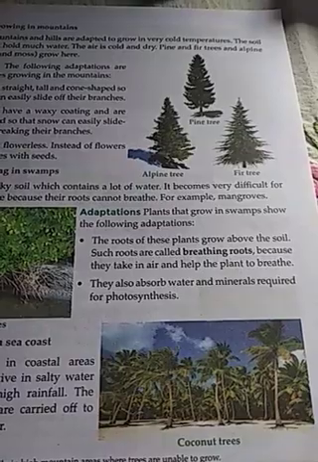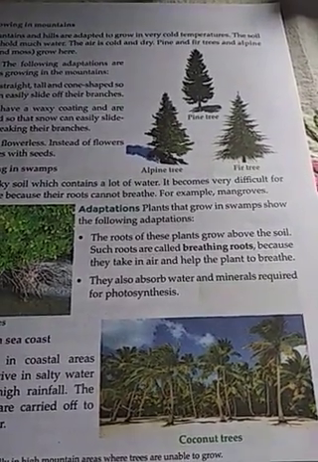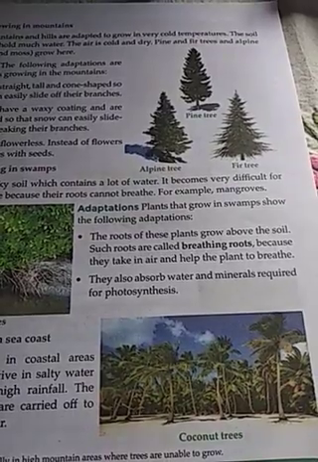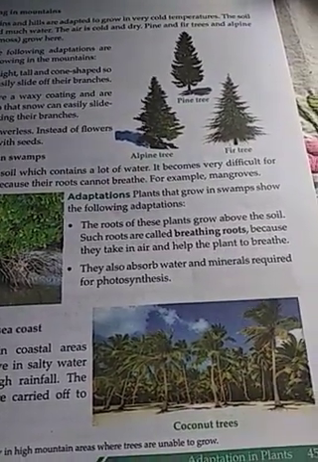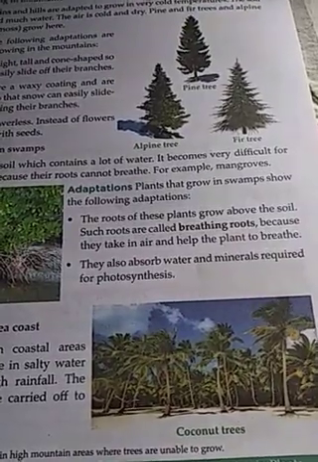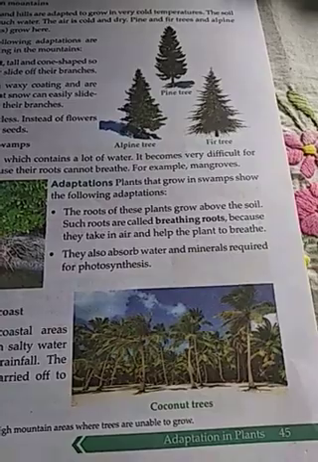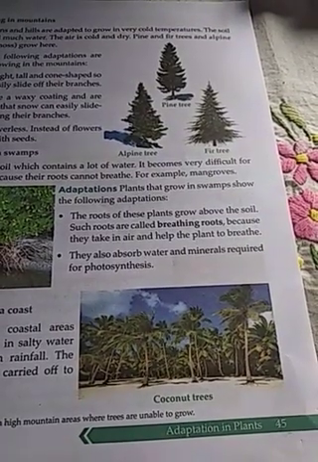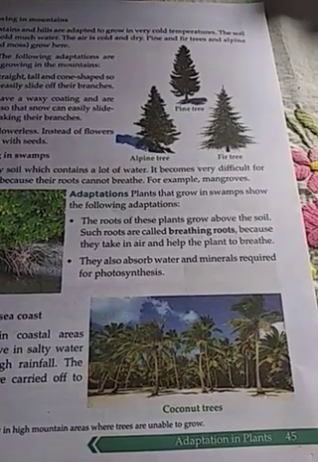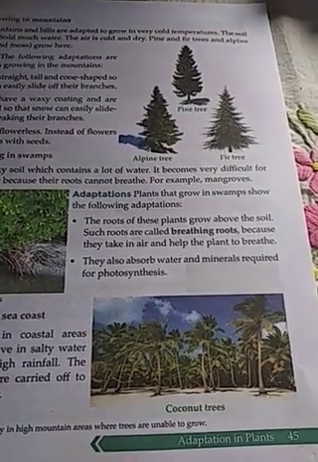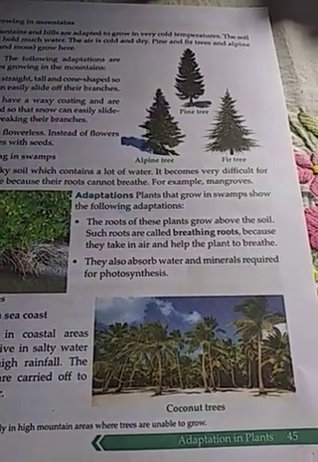These roots come out of the soil and they take in air directly from the atmosphere, and so they help the plants to breathe. They also absorb water and minerals required for photosynthesis. Like normal roots, these roots also take water and minerals required for photosynthesis.